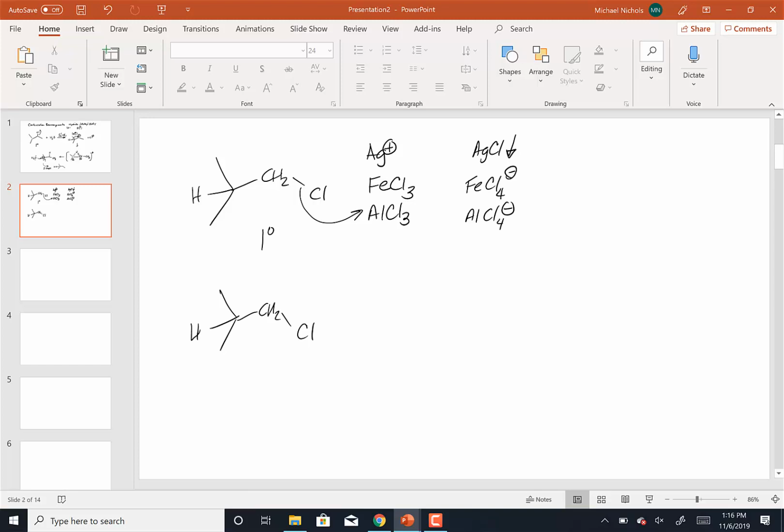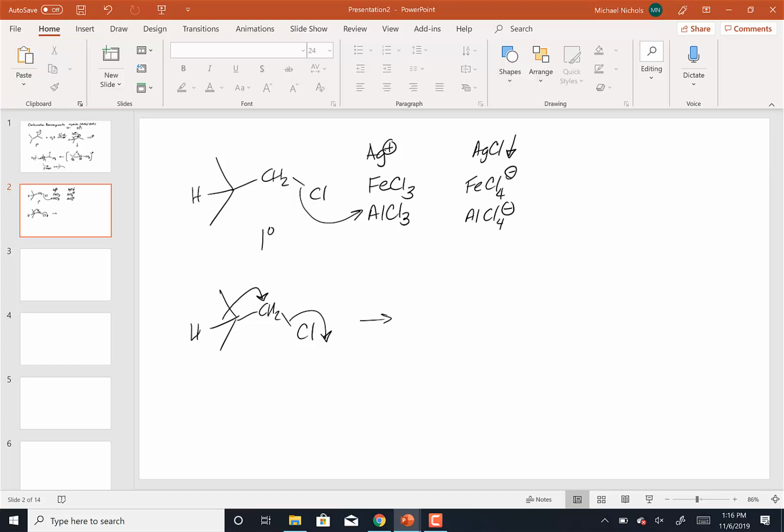What happens in this case is the hydrogen shifts while the chloride is leaving. So this is a shift, leaving group leave, concerted one-step mechanism. And it has to occur this way because if it didn't, you would end up with a primary carbocation.